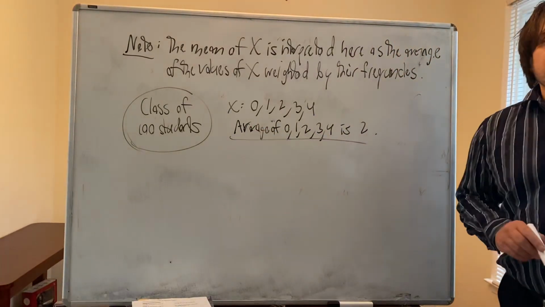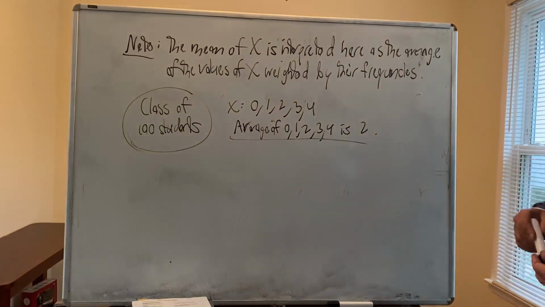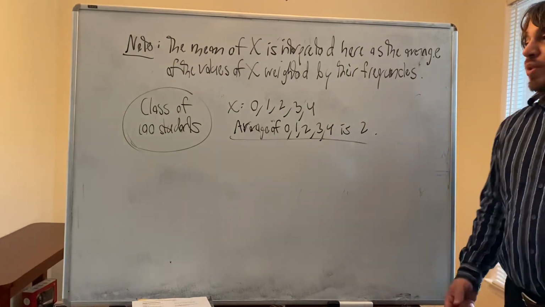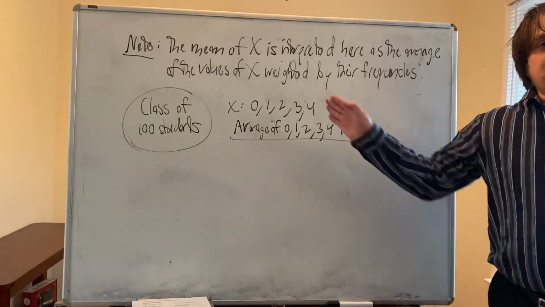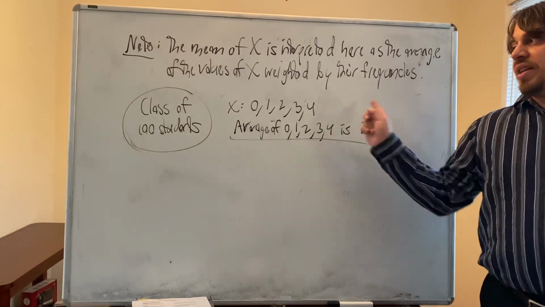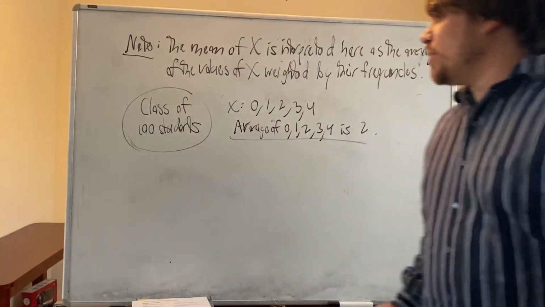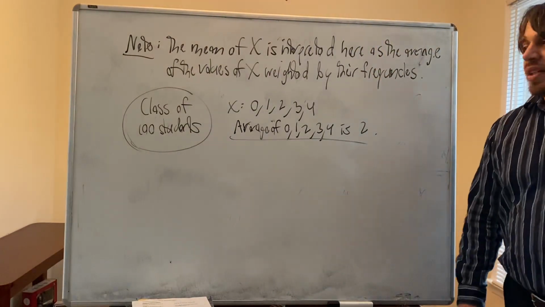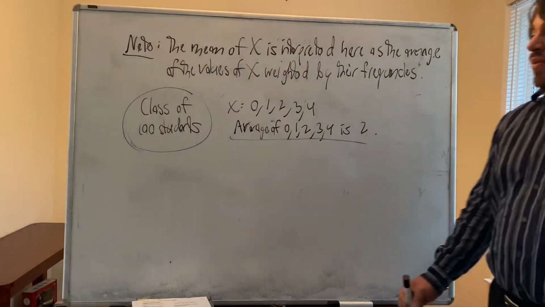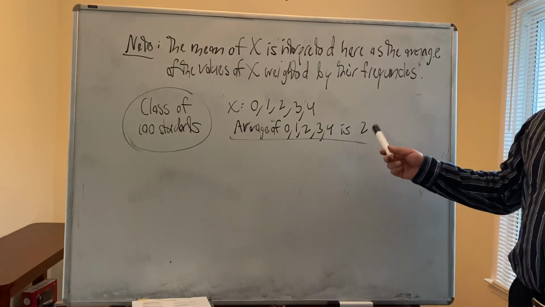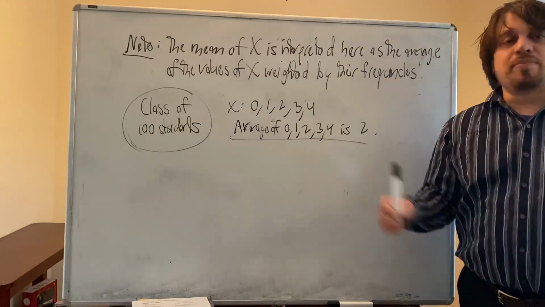If somebody just gave you the numbers 0, 1, 2, 3, and 4 and said, what's the average of them? It's 2. But the average grade in a class is not the average of the given possible grade values. It's weighted by how many students get each grade. And so when you take the average grade of 100 students, you're not always going to get 2.